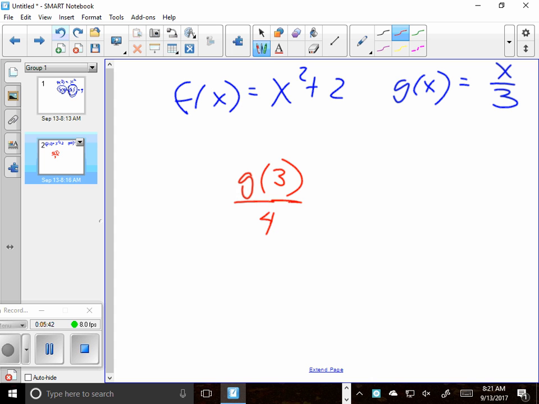G of 3. Just find g of 3. Once you know what g of 3 is, you take it out and put in that thing, whatever g of 3 is. So give that one a try. Figure out g of 3, then stick it in, then get your answer, then compare with the kid next to you. Hint, your answer is a fraction.